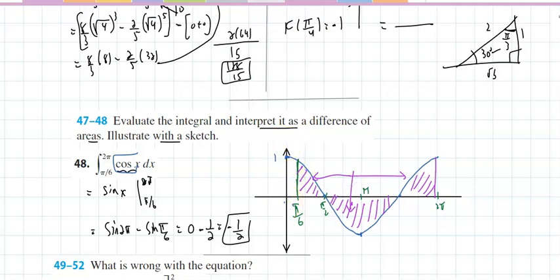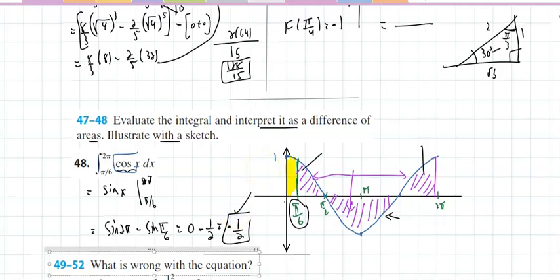If I was to start from the beginning, then that integral would have zeroed out. The area above and the area below would have matched. But the fact that I started at pi over 6, it seems now the negative area underneath is bigger, so it outweighs the positive, and that's why the answer is negative.